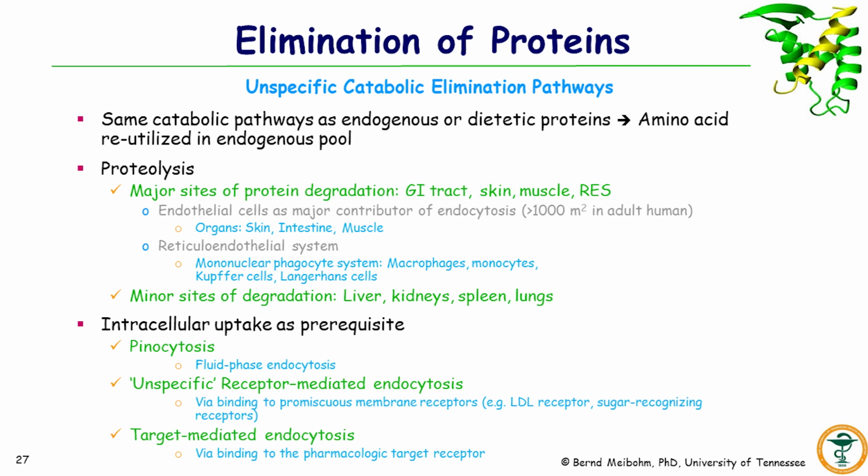Endothelial cells obviously line blood vessels throughout the body, and their overall surface area towards the blood vessels is more than 1,000 square meters in an adult human. So even though the endocytosis process itself is relatively slow and inefficient, this is offset by the large surface area that's available to facilitate that process.